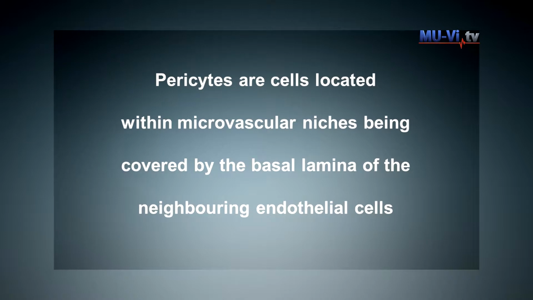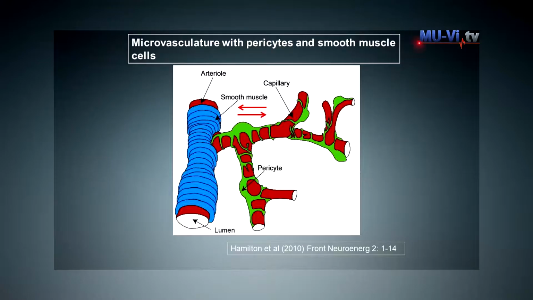There is a very narrow relationship between the endothelial cells and the pericytes, and the pericytes are actually a structural component of the blood vessels. Here you can see this is an arteriole and this is a capillary which divides in different directions.